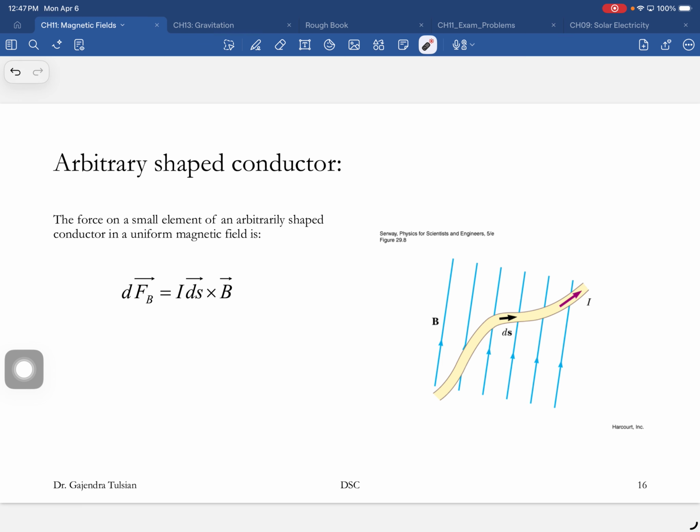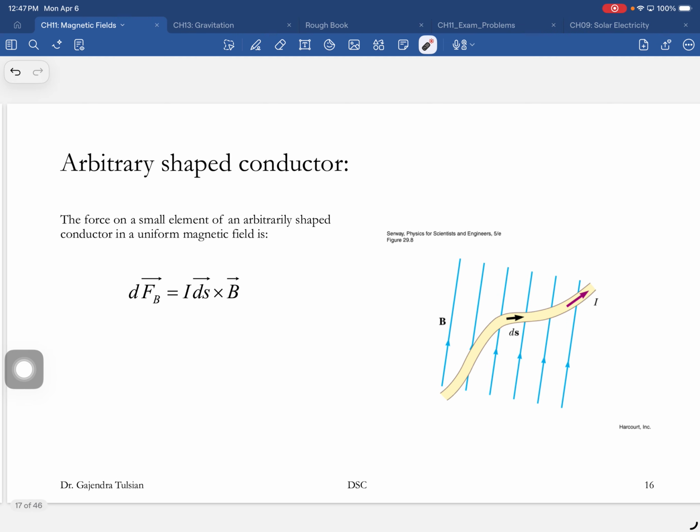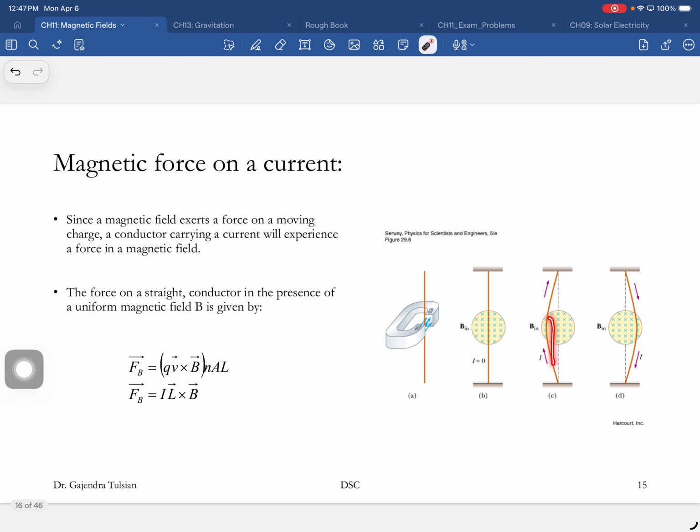And we'll see how they work in a second. You just saw the force on a current carrying conductor. This is the seed to show you how to convert electrical energy to mechanical energy.